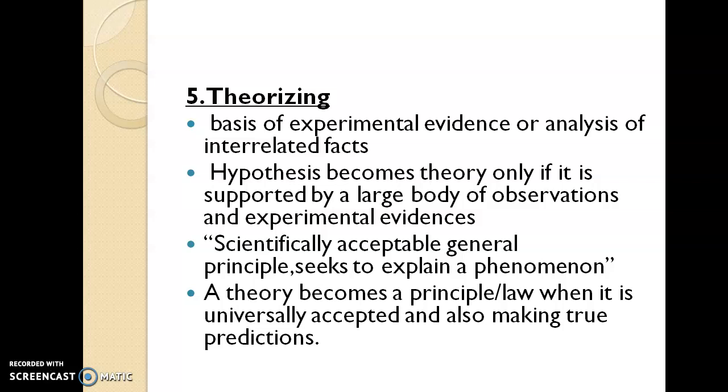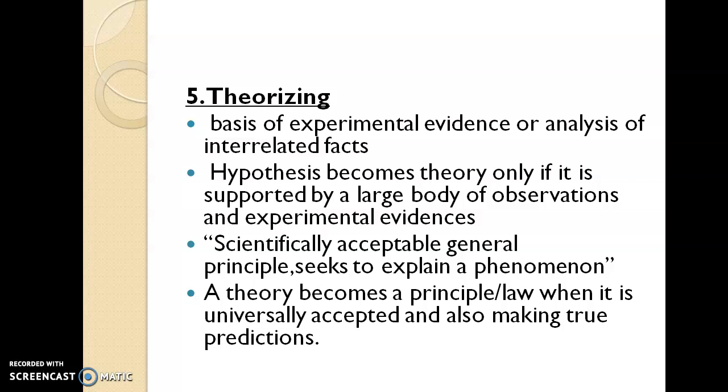If the result is true, it will be supported by a large body of observation and experimental evidences. So a hypothesis that we have framed becomes a theory only if it is supported by a large body of observation and experimental evidences. So this is called theorization, and this theorization is actually the basis of experimental evidences or analysis of interrelated facts.